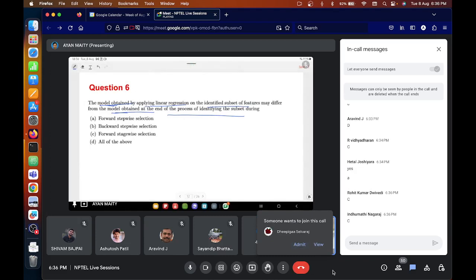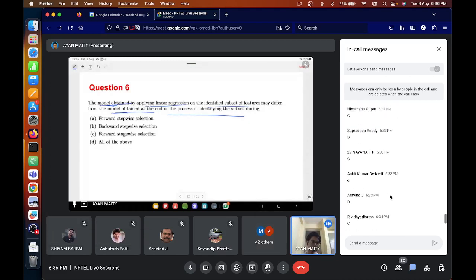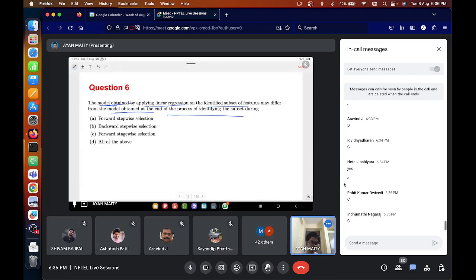Rohit is saying C, Indumati Nagaraj is saying C. Most of you are saying C, some are also saying D, and one student is saying A.